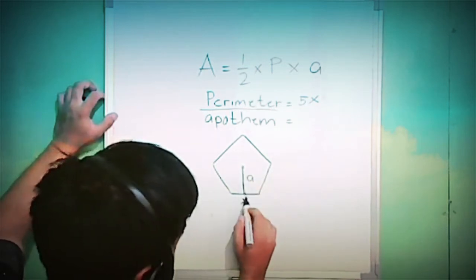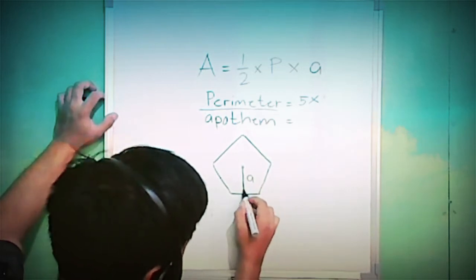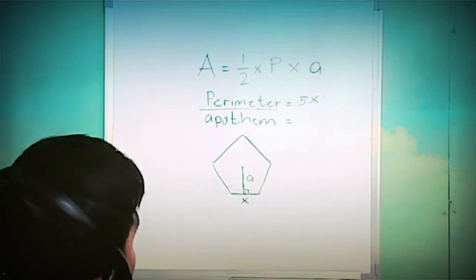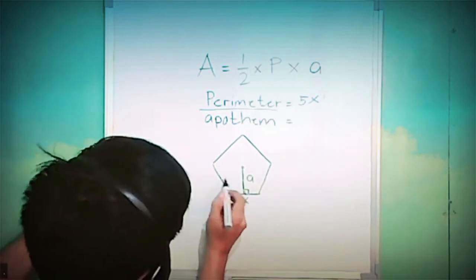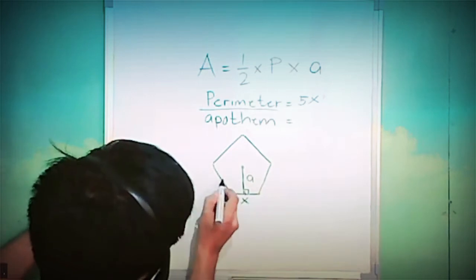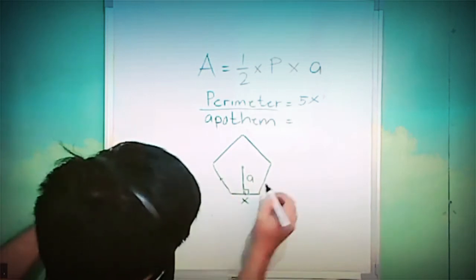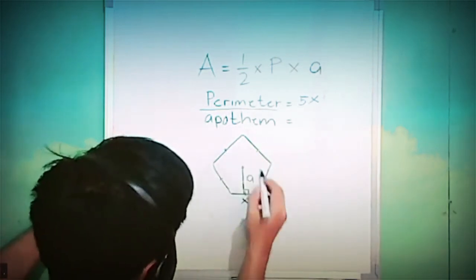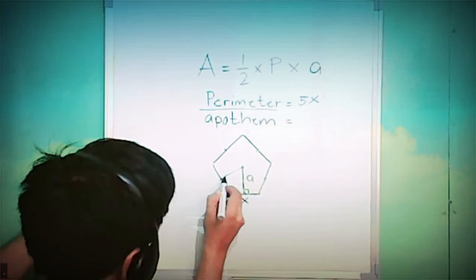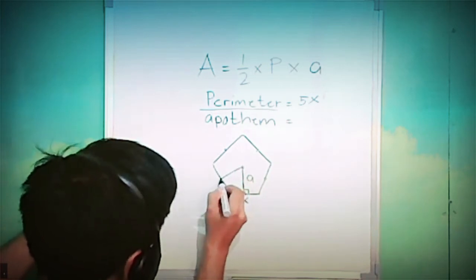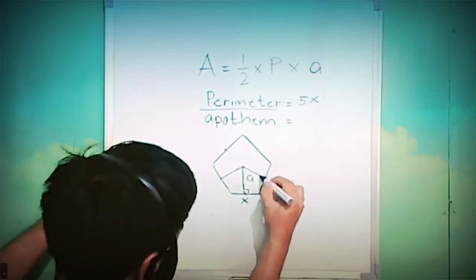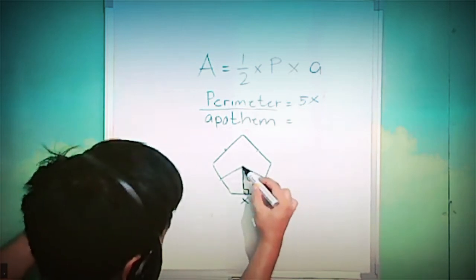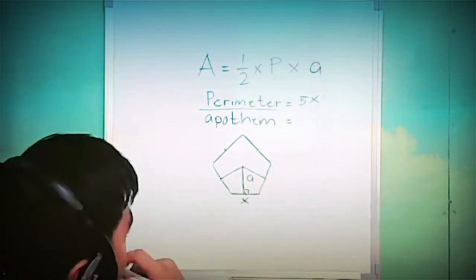Since it is the center, this one is 90 degrees. Here is another apothem, to the midpoint of this line. It's the same. You can also use this side or this side, as long as it is the distance from the center to the midpoint of the side.